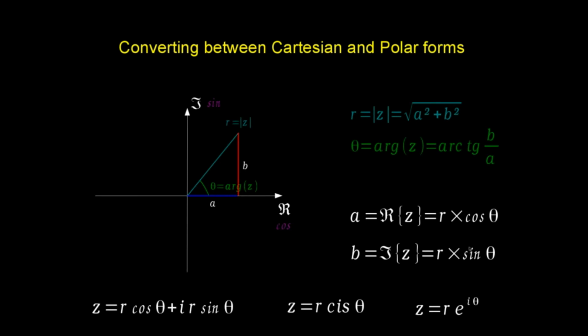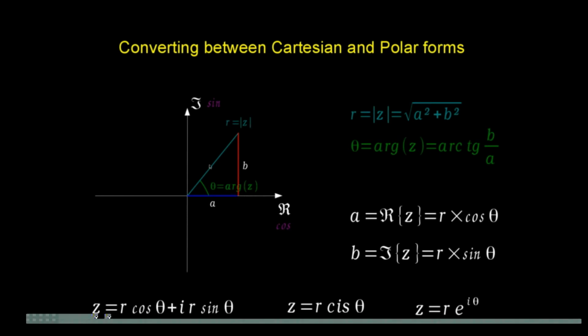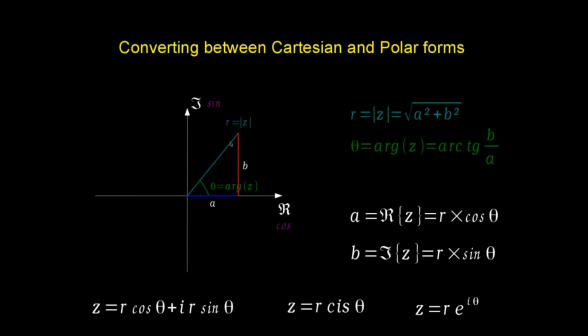And for the sine of theta, we know it will be the opposite side divided by the hypotenuse. So we have here b equals r times sine theta. If we recall the Pythagoras theorem, all these expressions will be very easy to understand.